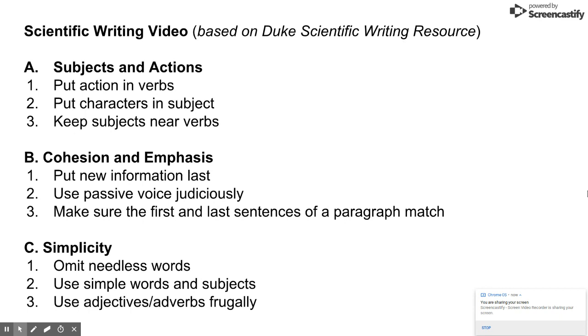So there are 3 main ideas that you're going to need to address when you're trying to achieve good scientific writing. There's a difference between science writing and scientific writing. Science writing is when we write about science, but it's kind of for the public.